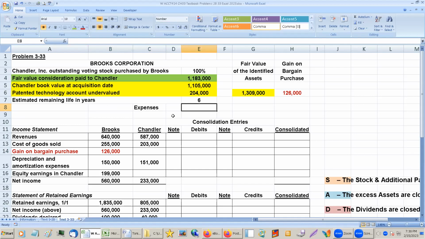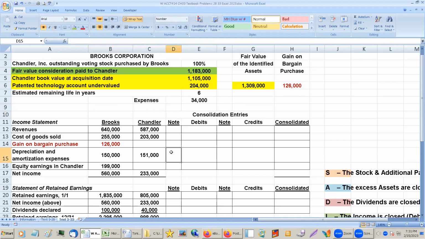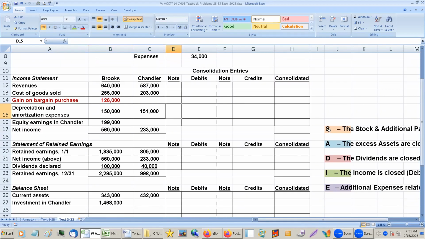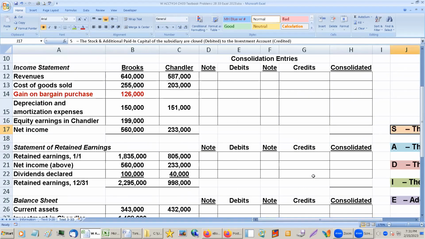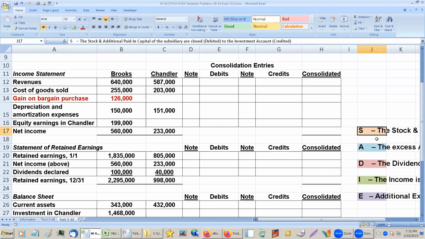So 204 divided by 6 is some number. 34,000. All right, well, we'll use that. We'll get that when we come to it. Okay. So we're going to start chunking away at it, I guess. All right.